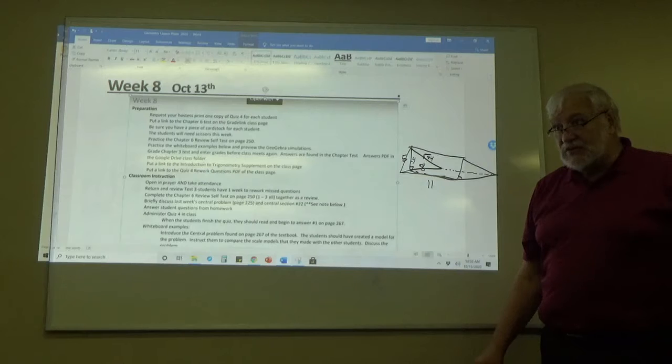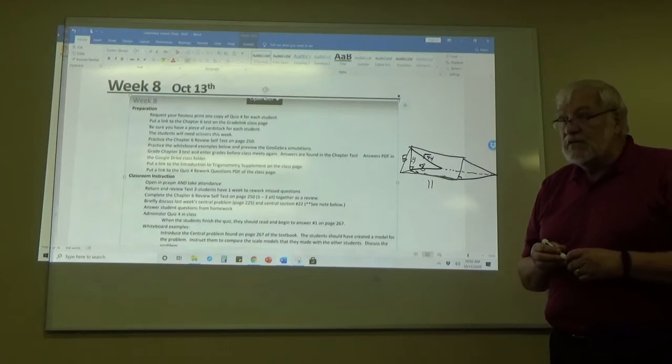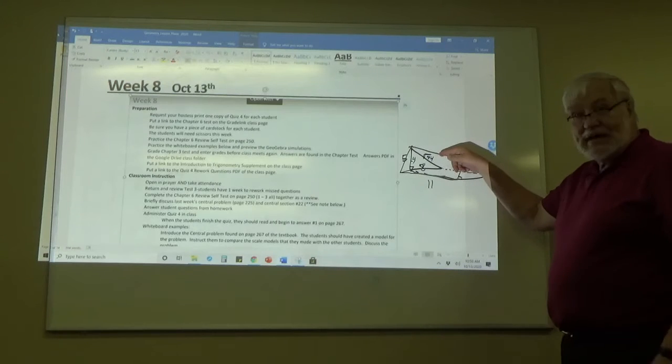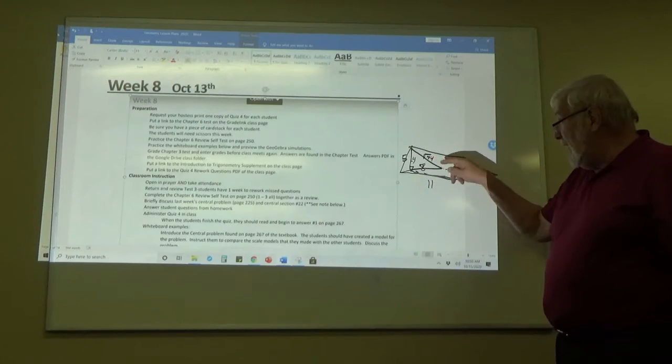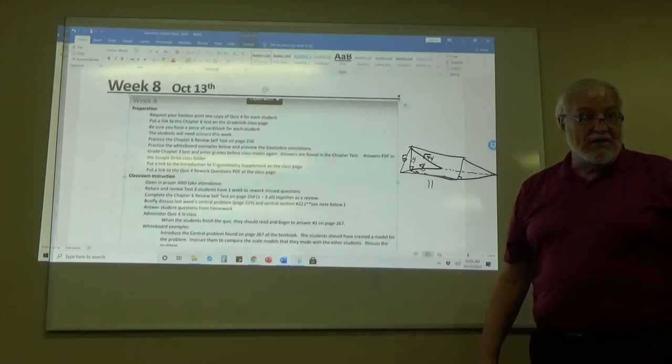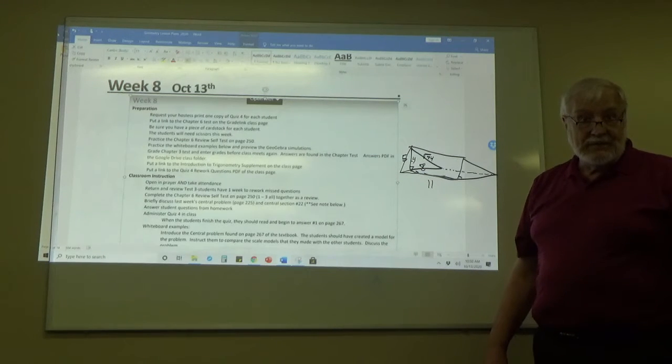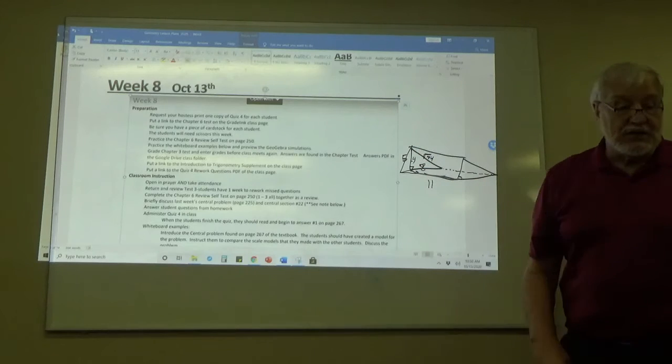That would give me the surface area of all of those faces. Okay? 3 rectangles to connect, and 2 ends. So I'll have 5 different measurements to add together. All right, so that's what makes surface area hard.